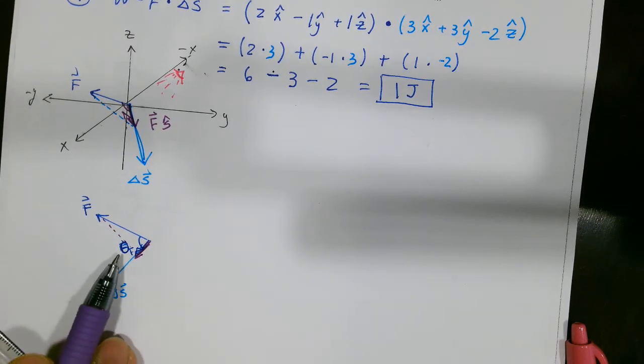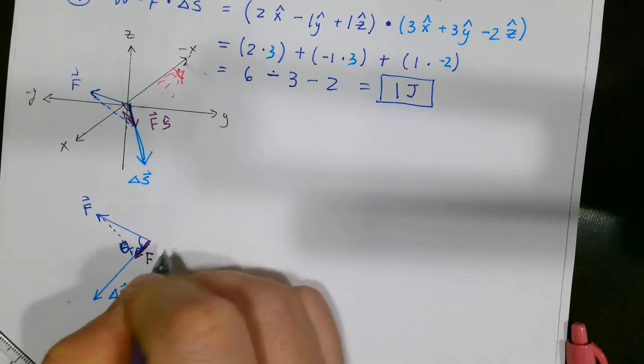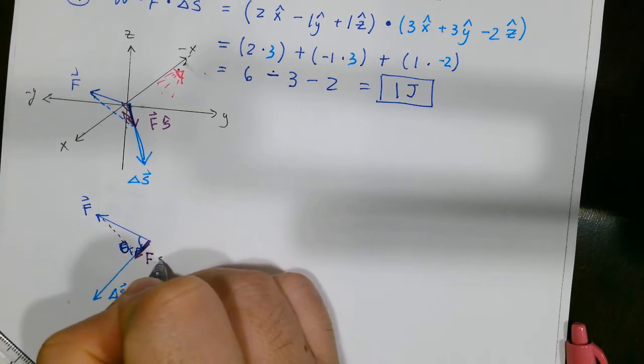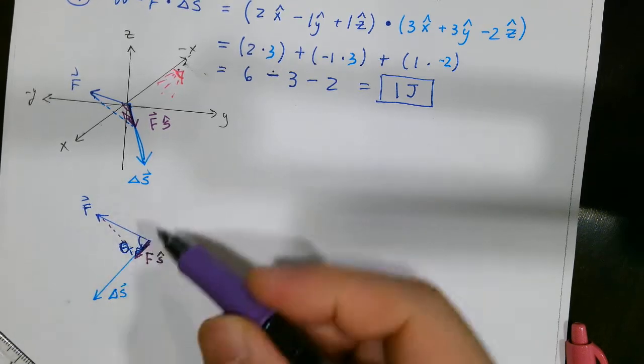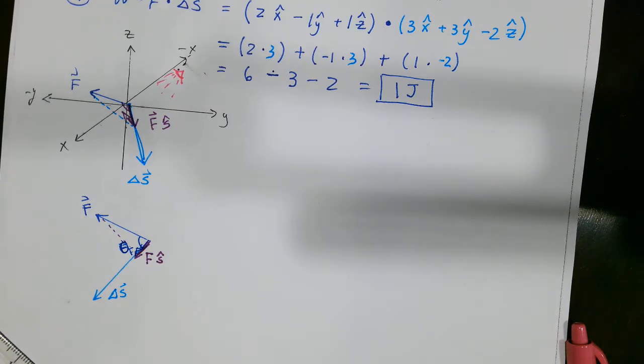So first I need to figure out what this is. So I'm looking for F along S hat. So S hat is now the axis. All right. Ready? Here we go.